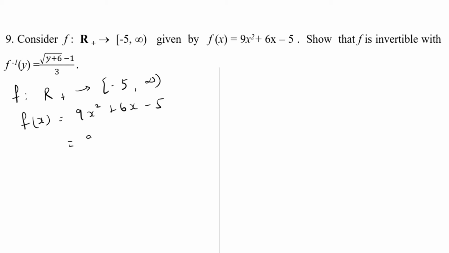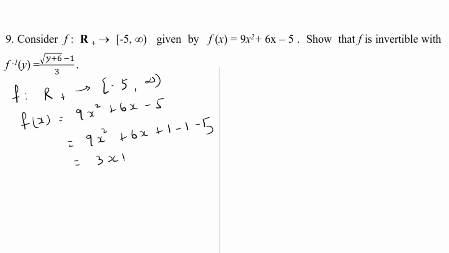So here it will be 9x² + 6x + 1 − 6. Here I am adding and subtracting 1 because we can see that 9x² + 6x + 1 is nothing but (3x + 1) the whole square. So this will be (3x + 1)² − 6. So from that we can find the value of x.